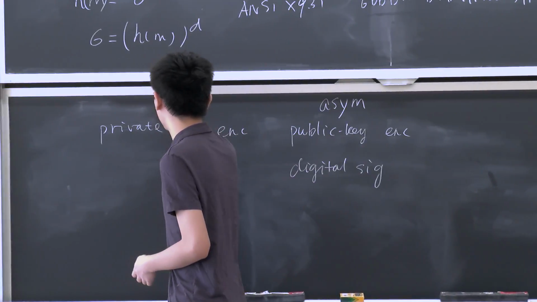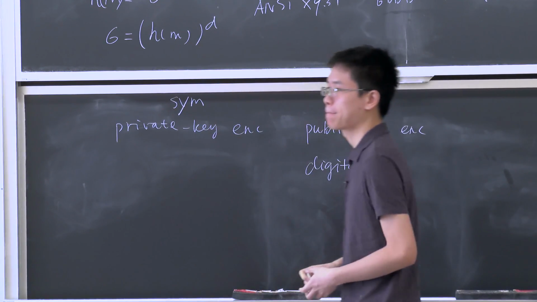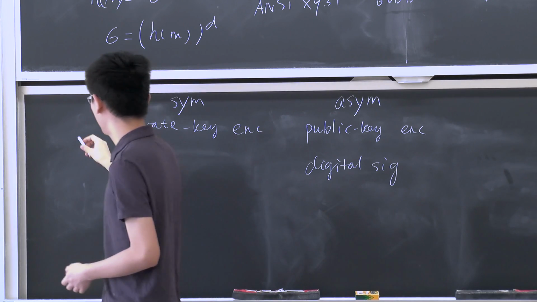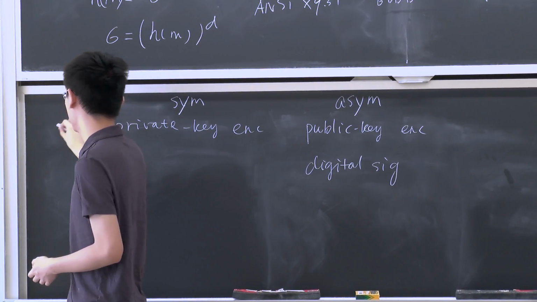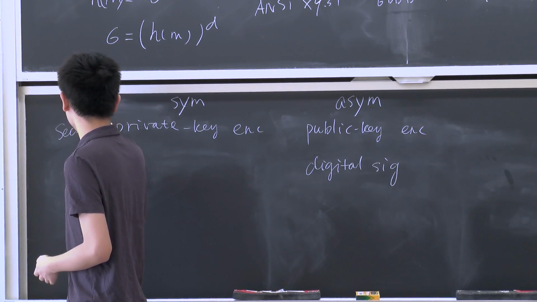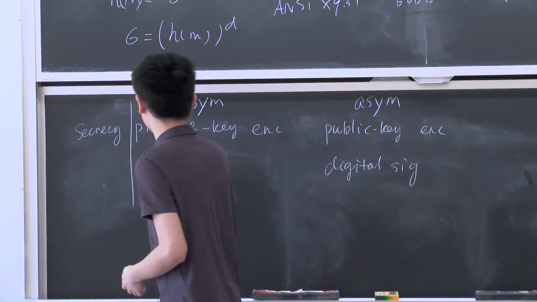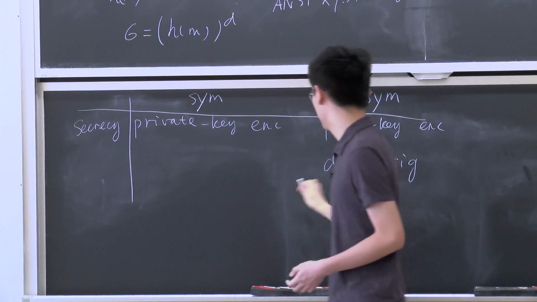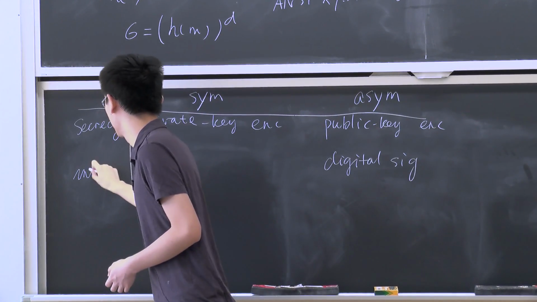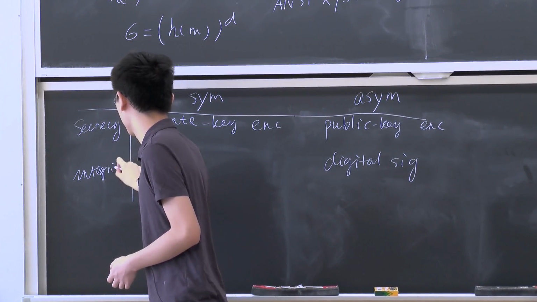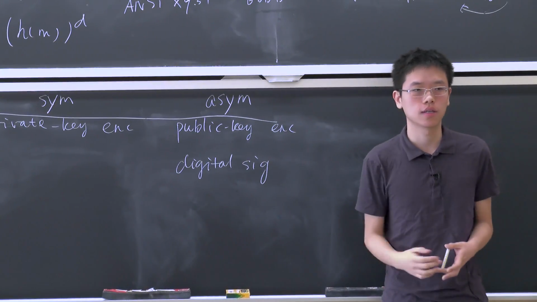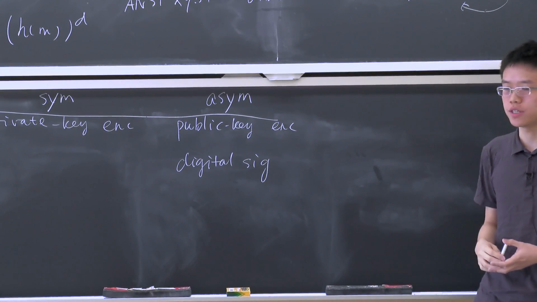This one is symmetric key. And these 2 are for secrecy. They are trying to hide the message. And this one is for integrity, meaning the message is what the sender sends.